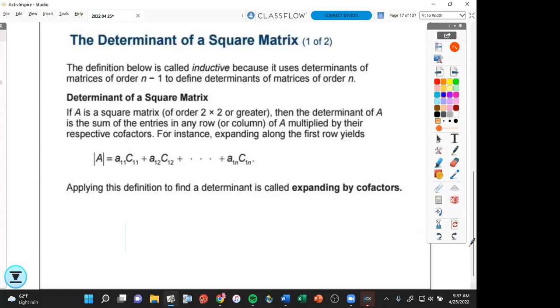Okay. So for instance, the determinant of matrix A, they're going across, looks like row 1, doesn't it? Row 1, column 1, row 1, column 2. They're going across row 1. So I will do it their way.